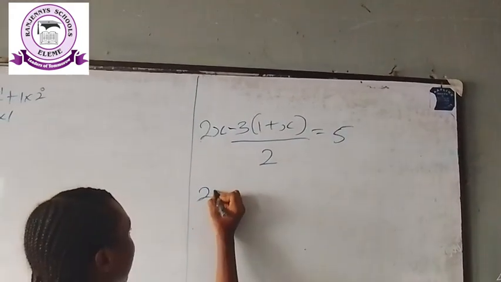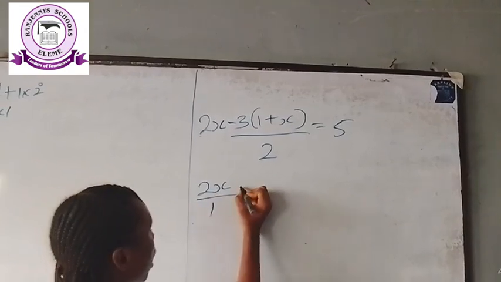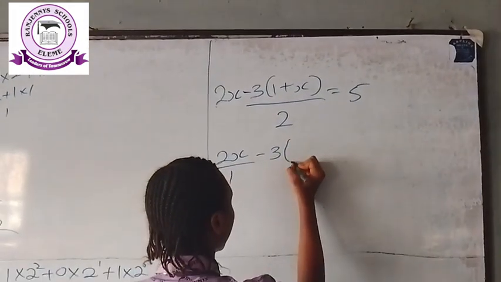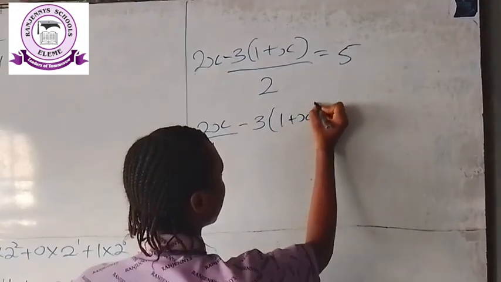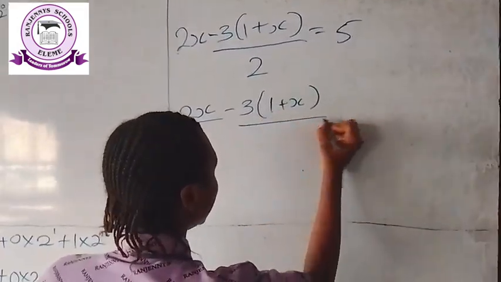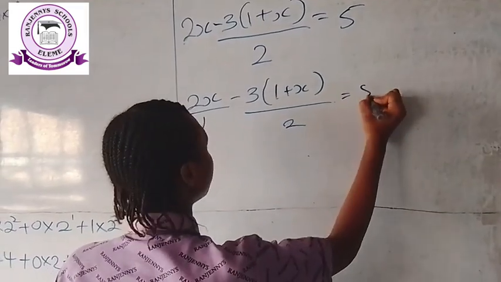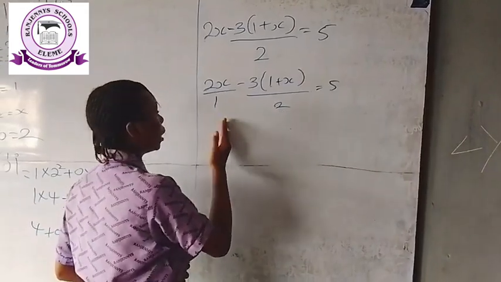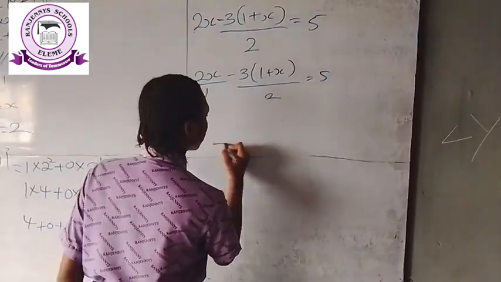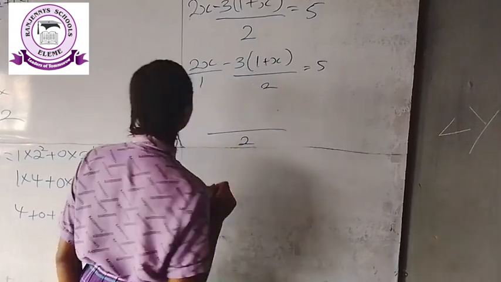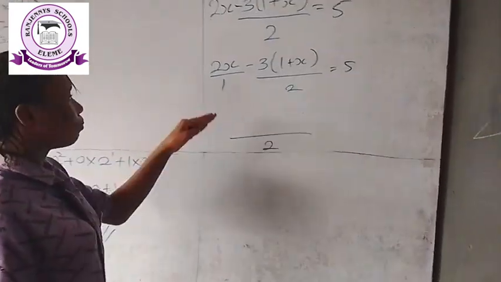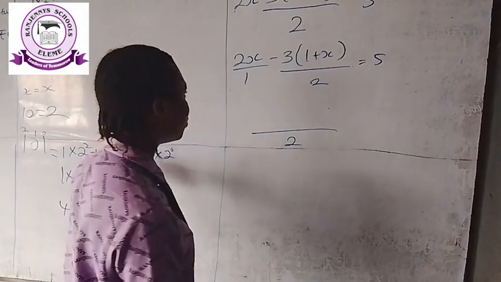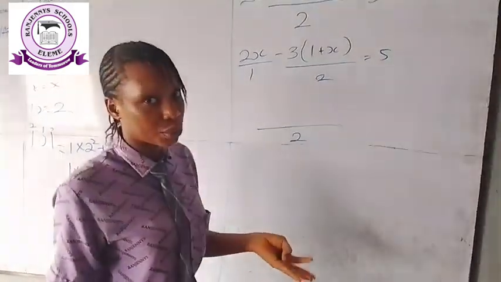So 2x all over 1 minus 3, bracket open, 1 plus x, bracket close, divided by 2 equals to 5. Obviously, the LCM of 2 and 1 is 2. So we have denominator 2. 2 divided by 1 is obviously 2 because anything divided by 1 is itself.